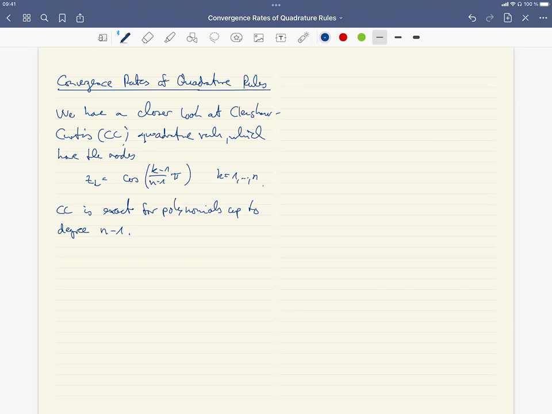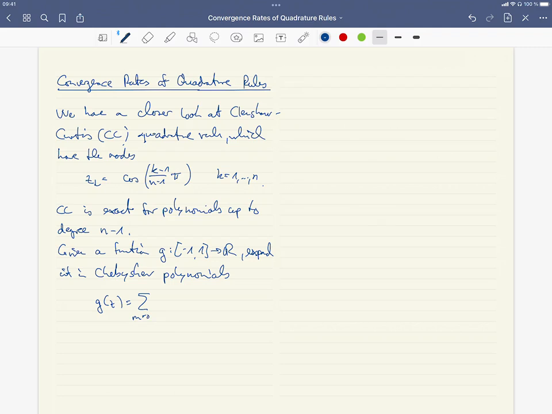So the key to the following arguments is, given a function g defined on [-1, 1] with values in R, we expand it in Chebyshev polynomials, which is g of z equals the sum over m from 0 to infinity of a_m T_m of z.